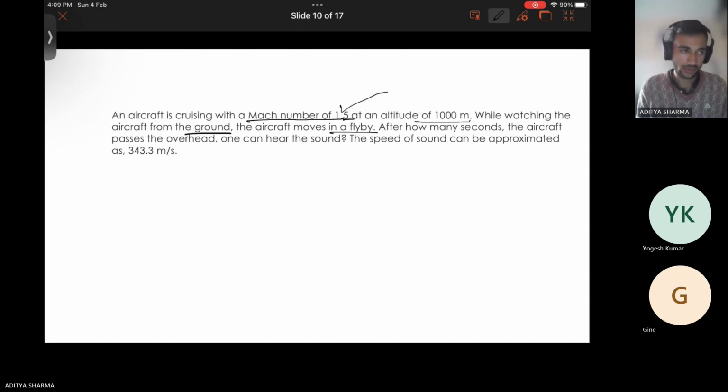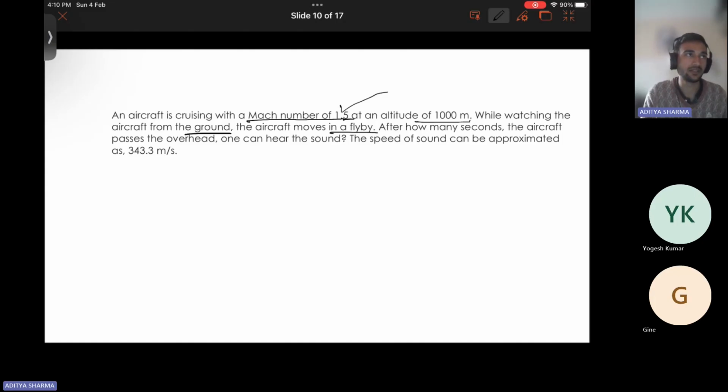Obviously, because the aircraft is supersonic and the sounds we listen to reach us at the speed of sound, there will be a lag, because the aircraft is moving with a velocity greater than the speed of sound.